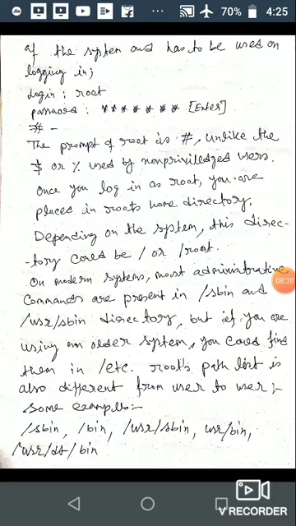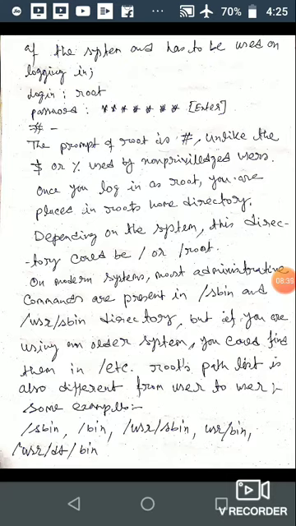In modern systems, most administrative commands are present in slash sbin or slash usr slash sbin.